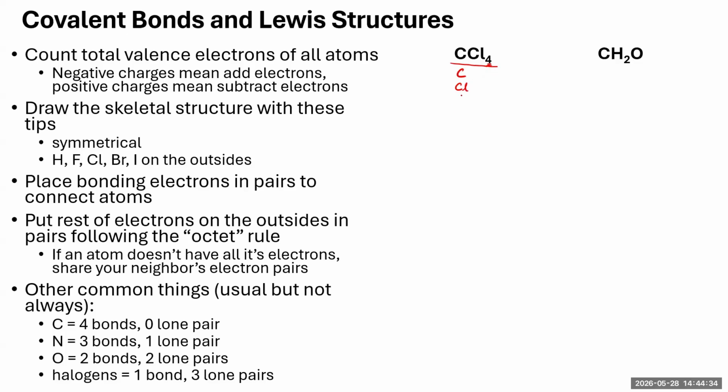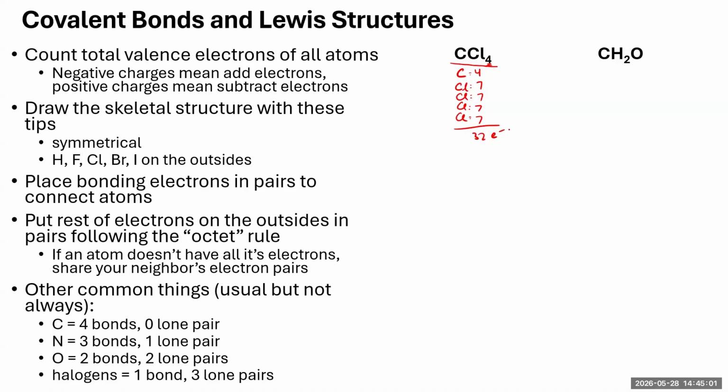Remember that four means there are four chlorines. If you look on your table of valence electrons, carbon is going to have four because it's in column 14. Chlorine is going to have seven because it's in column 17. So you have 32 electrons total.